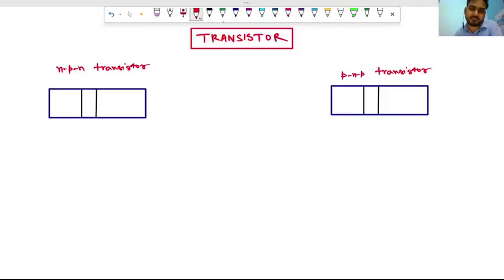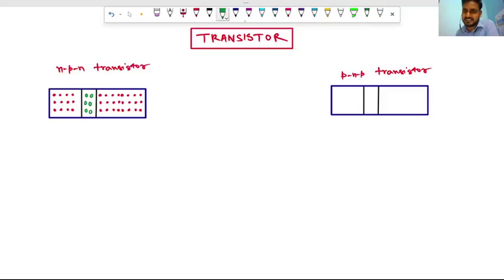What does this NPN PNP mean? It means, this is NPN, so this side is N type doping. On this side N type doping is there. Okay, similarly for NPN, this side also N, and the middle one will be P, that is positively doped, that is, holes will be there. This is the NPN transistor.